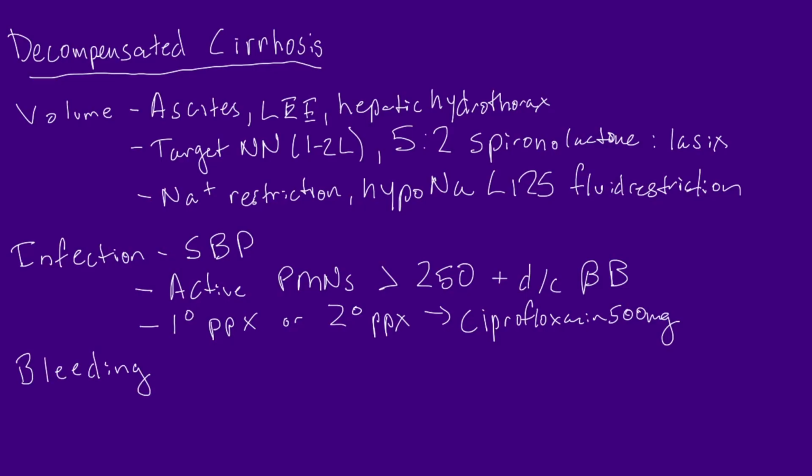Now we can talk about bleeding, right? So you can talk about if they've had past variceal bleeds or any coagulopathy that they have. I really butchered that word there, coagulopathy. And then of course, for treatment, you want a beta blocker, specifically one that is non-selective.